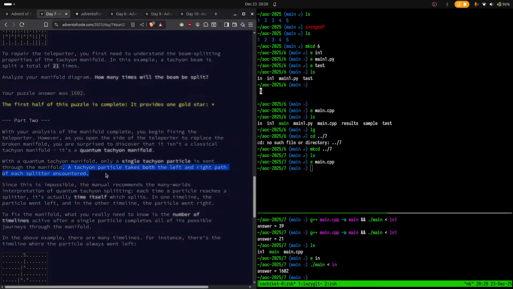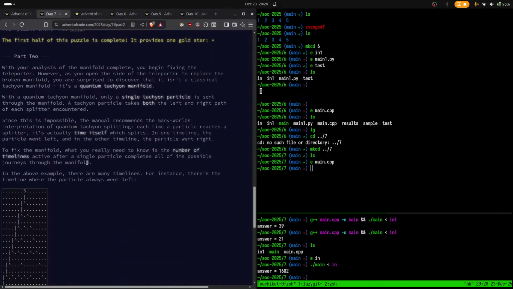The manifold takes both the left and right of each splitter. Since this is impossible, the manual recommends the many worlds interpretation of quantum mechanics. Each time a particle reaches a splitter, it's actually time itself which splits. In one timeline, the particle went left, and in another timeline, the particle went right. To fix the manifold, you need to know the number of timelines active after a single particle completes its journey.